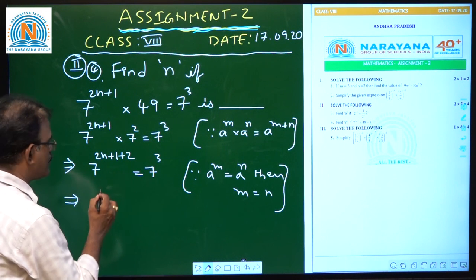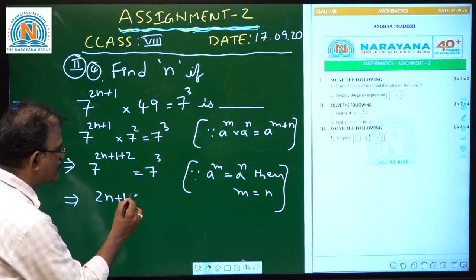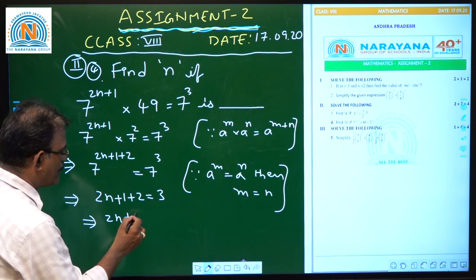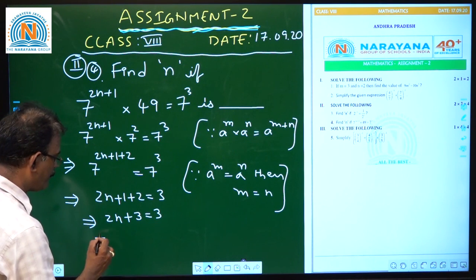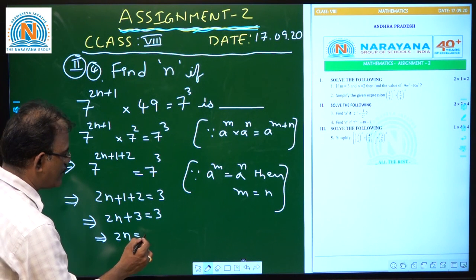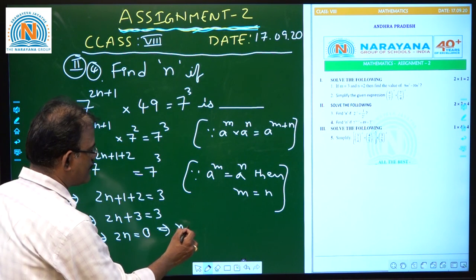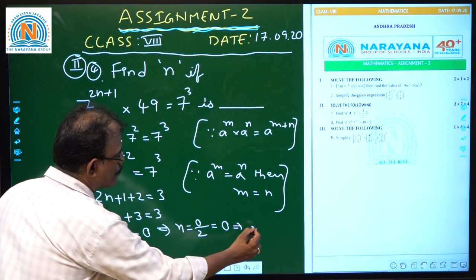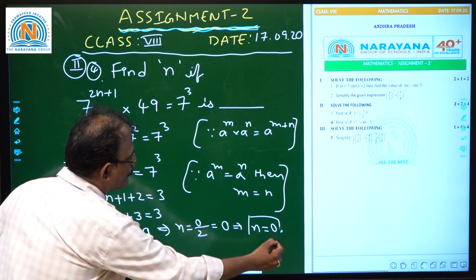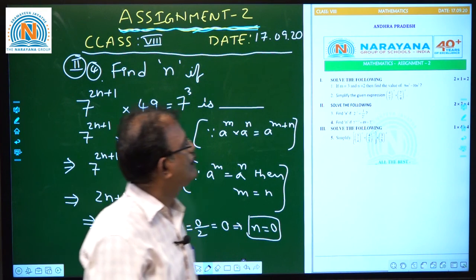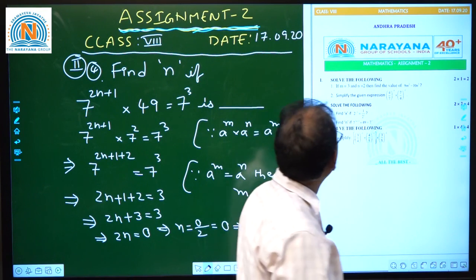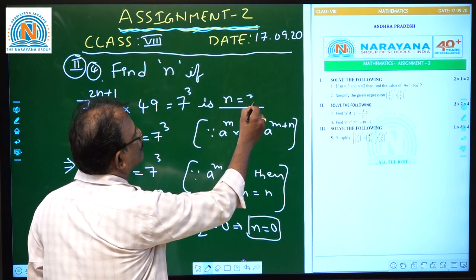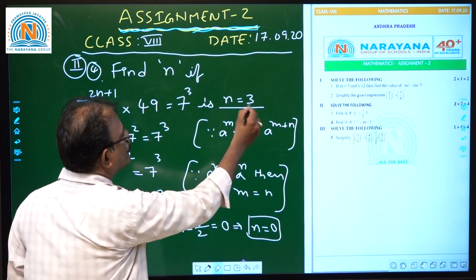So when the bases are the same, let us equate the powers. So 2n plus 3 is equal to 3. So 2n is equal to 0. From that, n is equal to 0 by 2, which is 0. So what is the value of n, children? n is equal to 0. Right? The value of n is equal to 0.